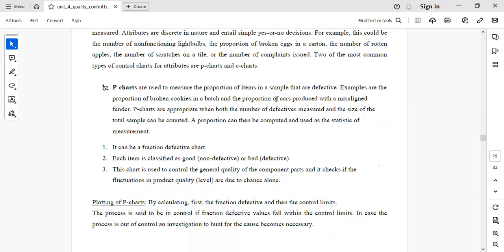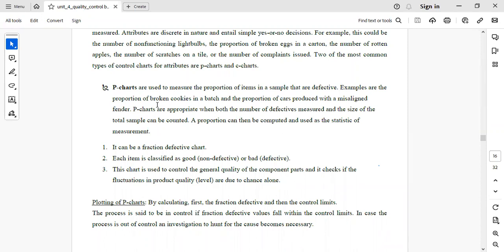And so in this case, we have two major charts. That is the P charts. And from its name, the P stands for proportion. So proportion is basically a number out of another.